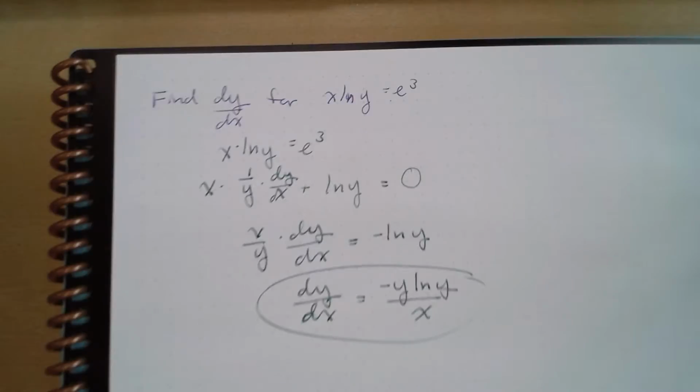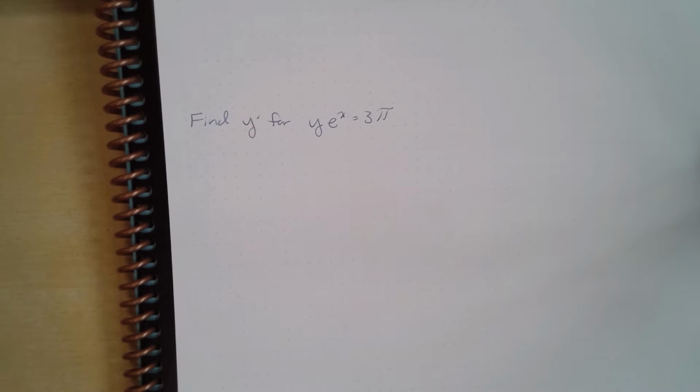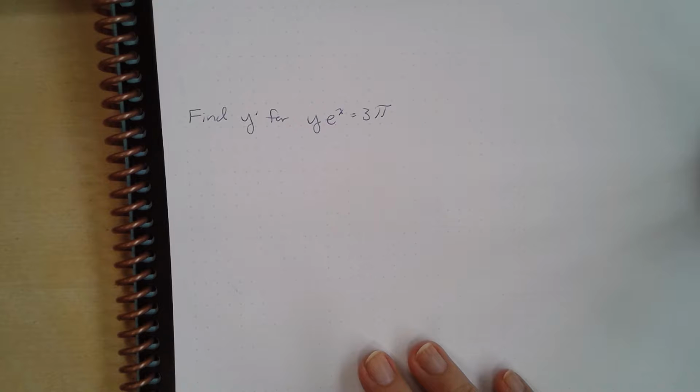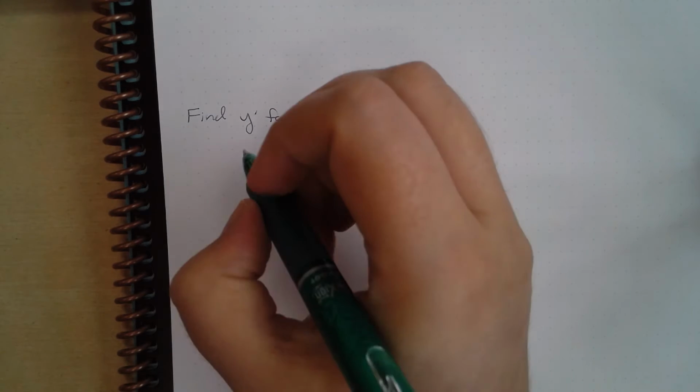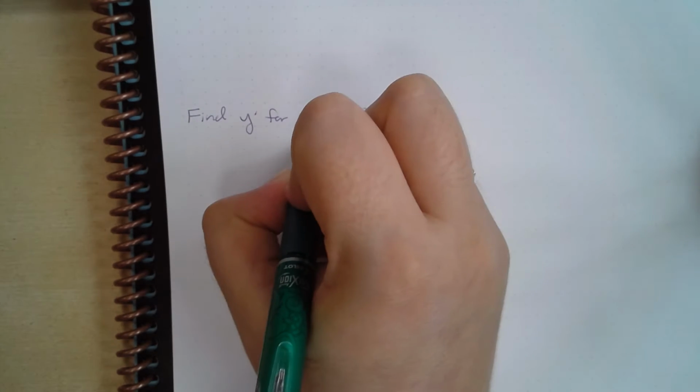All right, let's do another. So find y prime for y e to the x equals 3 pi. I almost said 3x again. So we're going to use product rule.